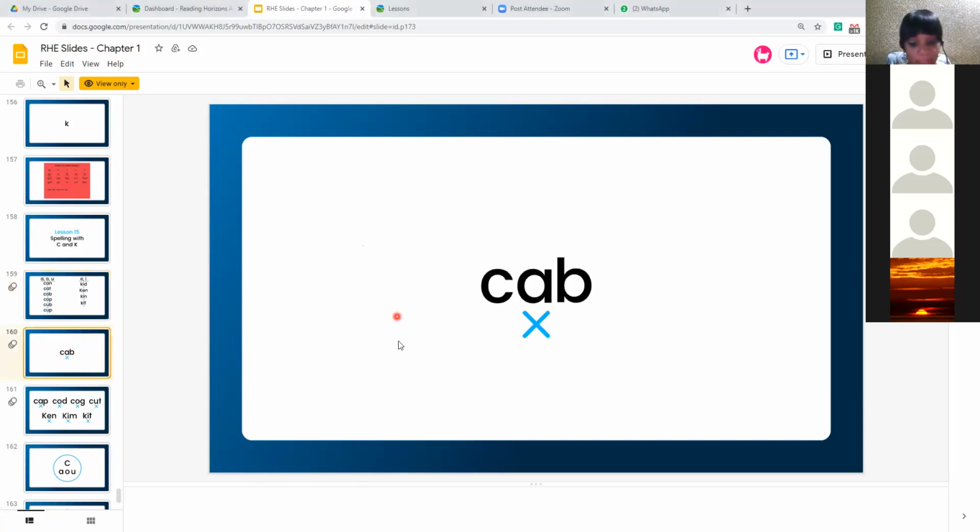So let's try this. What's this word? Cob. Cab. So it's a cab. And a cab is what? Vehicle. Taxi. Yeah, like a taxi, right?